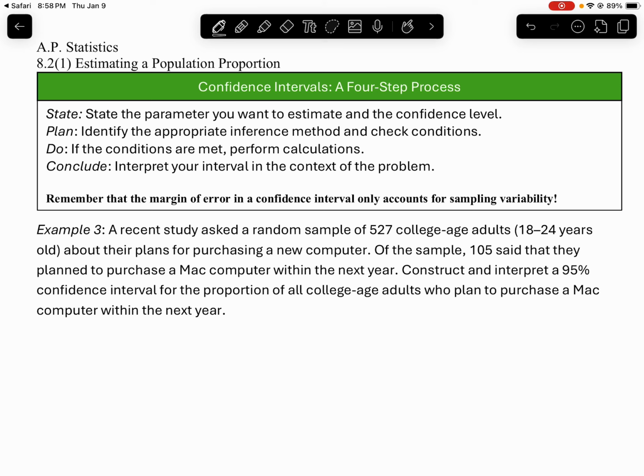Last time we did 3 of these things, they had us do the A, B, and C, but really we did the state the parameter on the previous example. So I just wanted to bring it all together and do one more example where we do everything all at once.